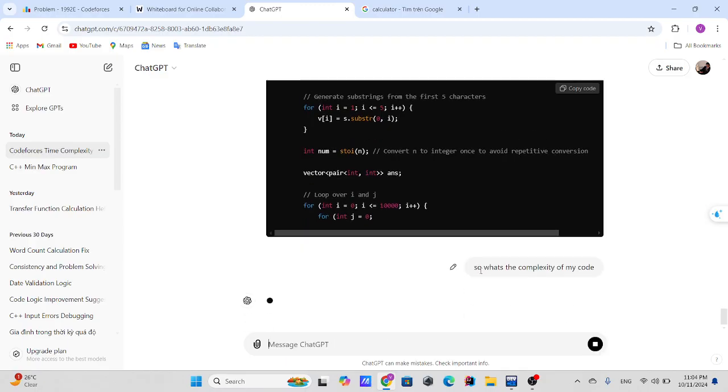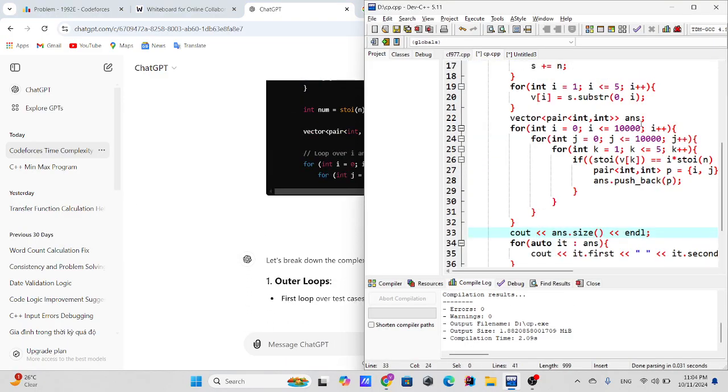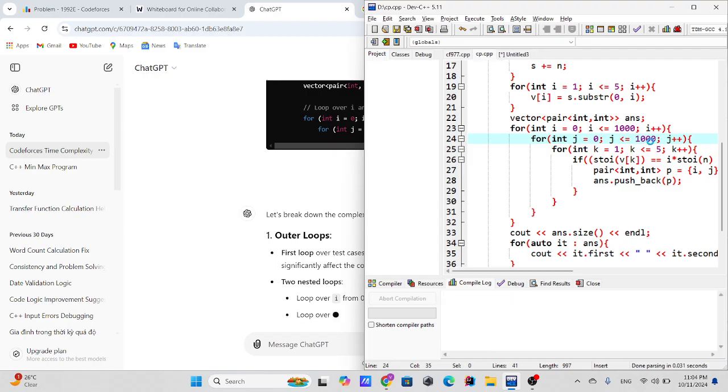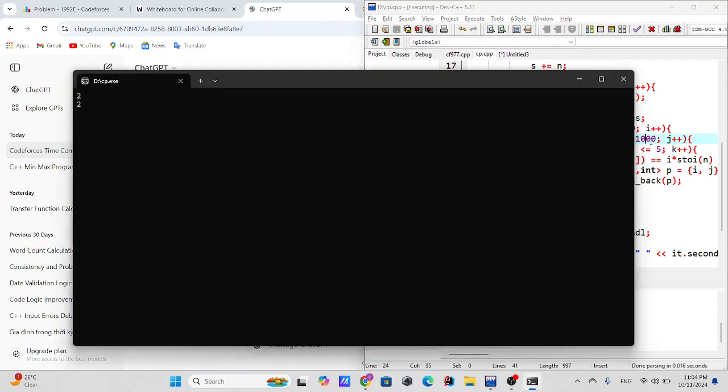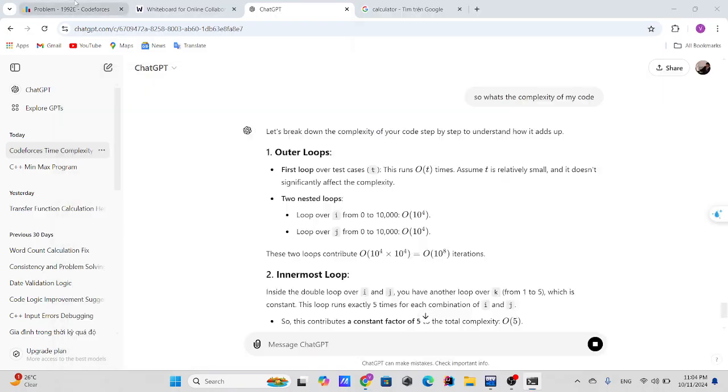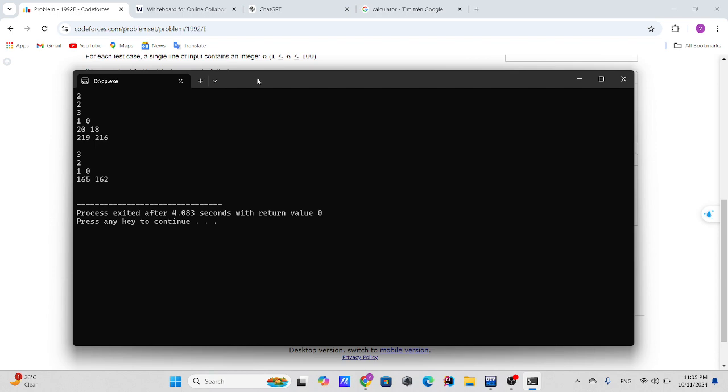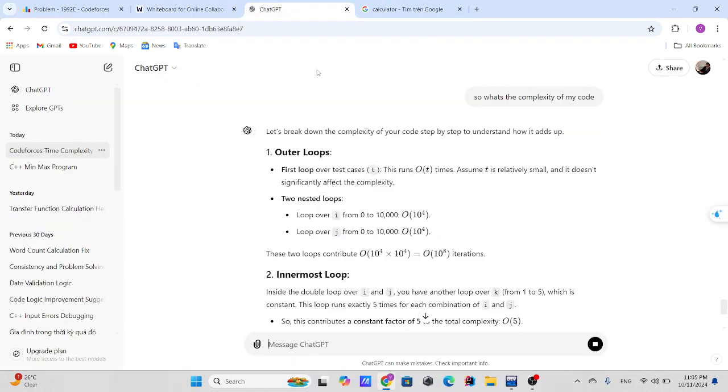I don't understand it. What if I reduce it to 1000? Yeah, it's still super long. It still runs, but it's super long, right?